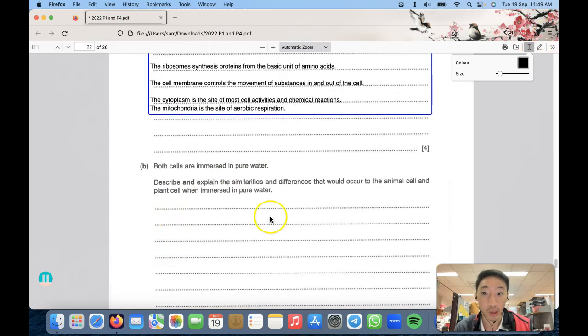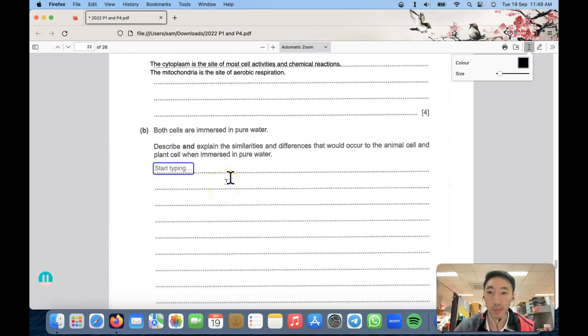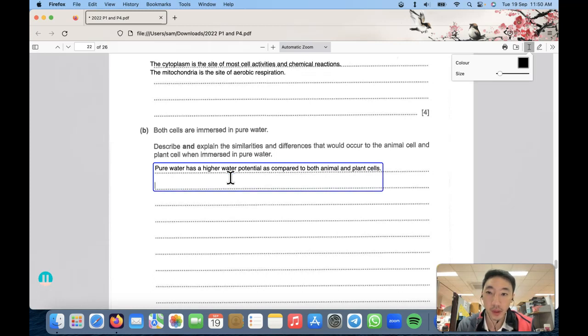Then we have our cells immersed in pure water. So describe and explain the similarities and differences. Pure water has a higher water potential as compared to both animal and plant cells.